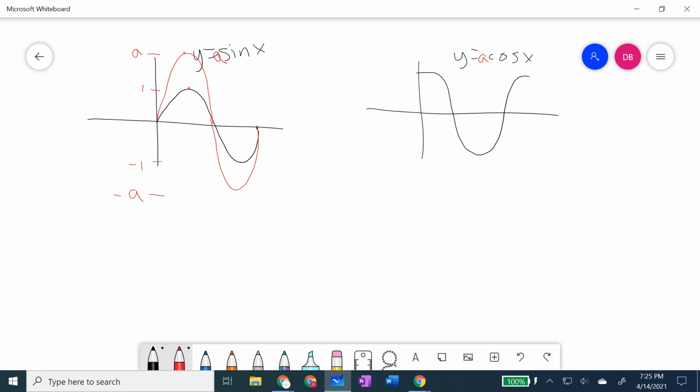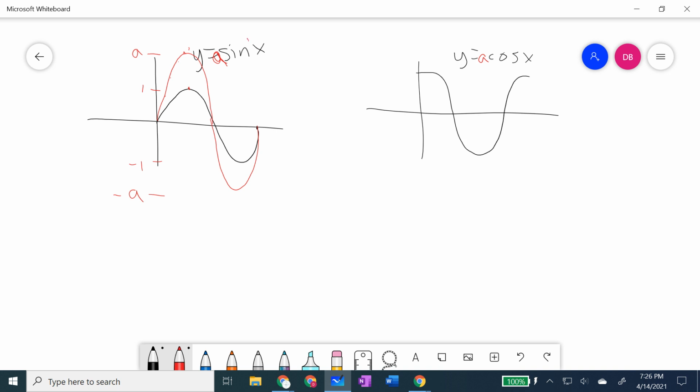And here's what I tell people. If it is a number multiplying to the sine function or to the cosine function, you are literally taking just the y coordinates that you see and multiplying them by that number.